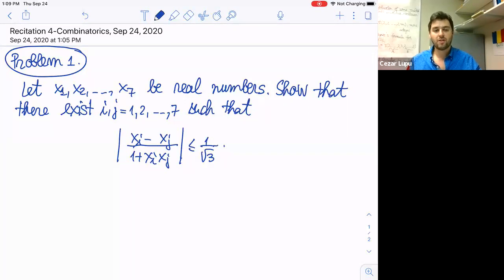As you can see, I have 7 numbers and I have to show that there exist 2 indices, 2 of them from those 7 numbers, xi, xj, such that that quantity in absolute value is less or equal than 1 over square root of 3.